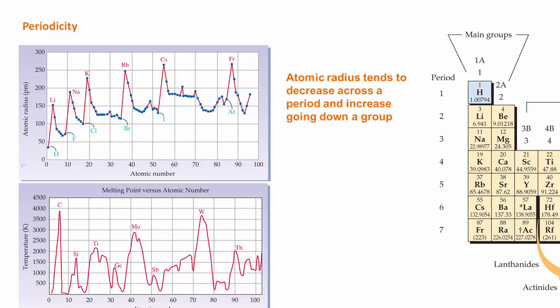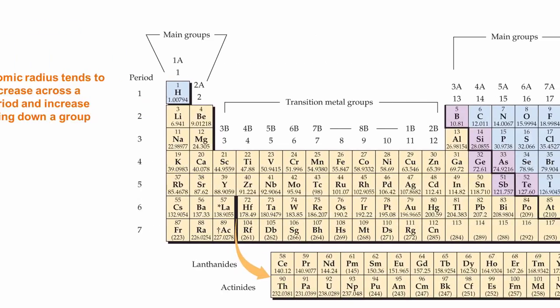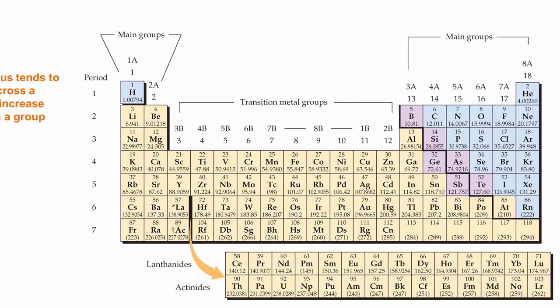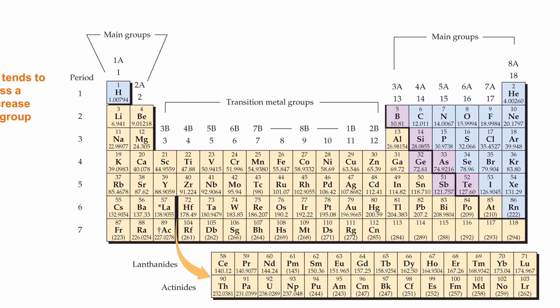As we go down a group, the atoms get larger. In other words, the radius increases. As we go across a period, we tend to see a decrease in atomic radius. So that is one periodic trend. We're going to see other periodic trends as we go through the material.